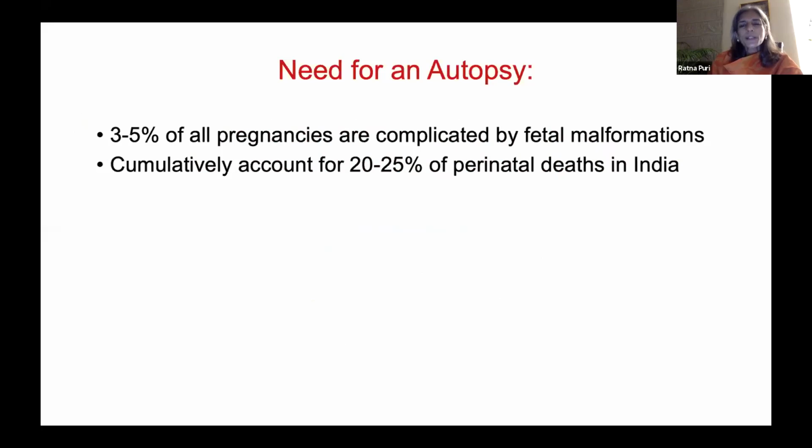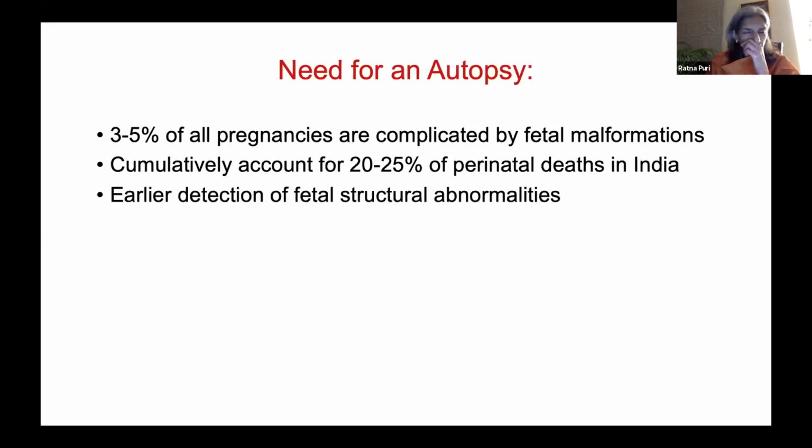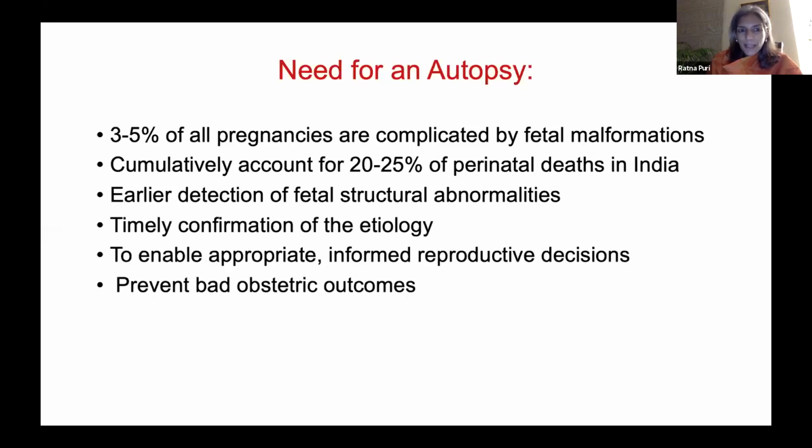Thank you. So what is the need for a fetal autopsy? We know that 3 to 5% of pregnancies are complicated by fetal malformations, and in our country, cumulatively, they account for about 20 to 25% of perinatal deaths. Now with great ultrasound machines and even greater ultrasonologists, we have early detection of fetal structural anomalies, very often a large percentage in the 12-week scan.